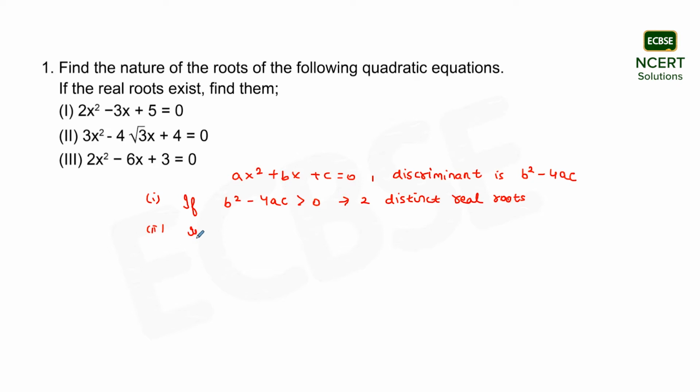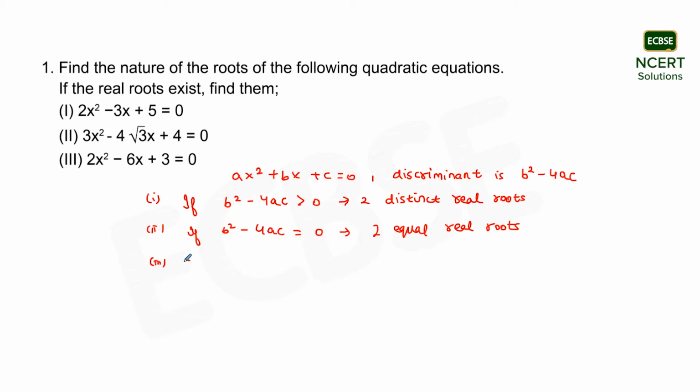But if the discriminant, that is b square minus 4ac, is equal to 0, then two equal real roots will be obtained. This means if the value of the discriminant is equal to 0, then there exist two equal real roots.